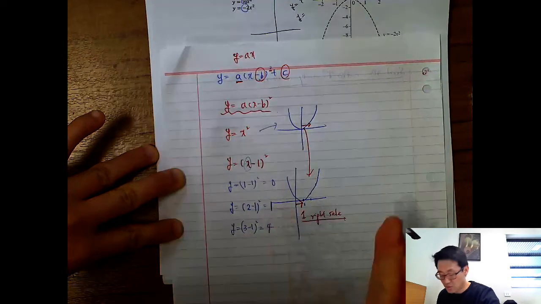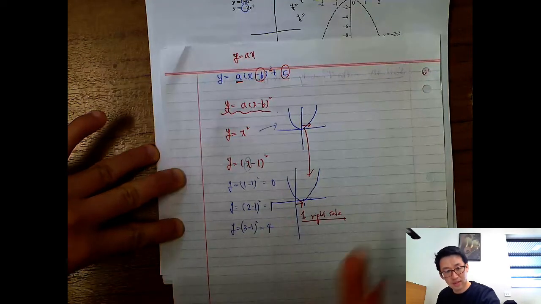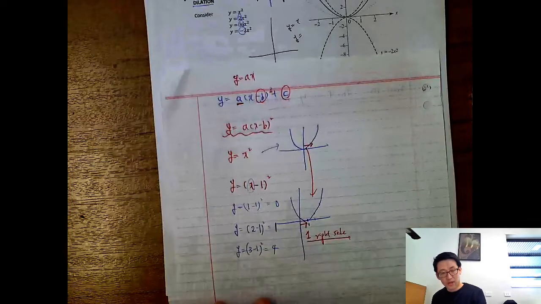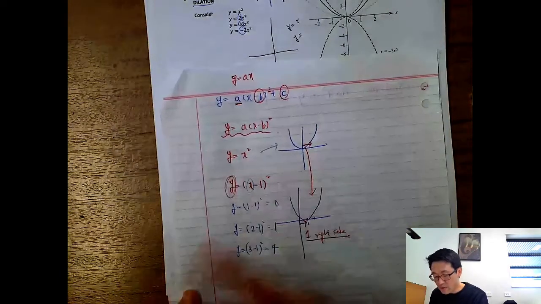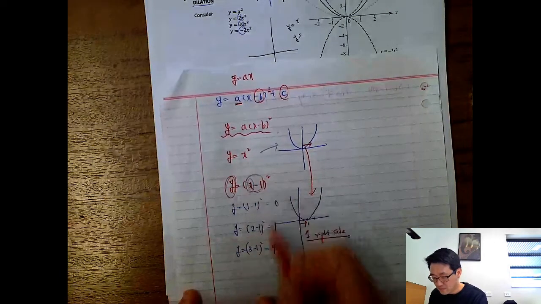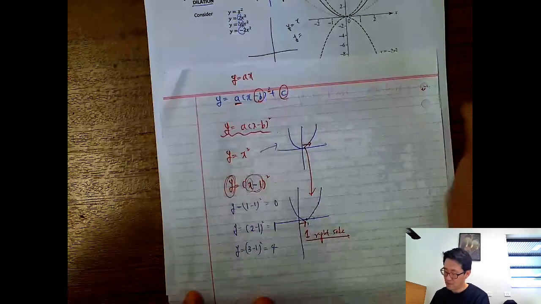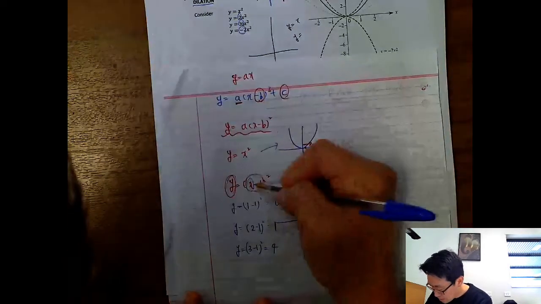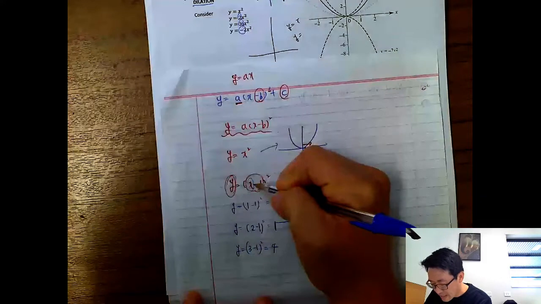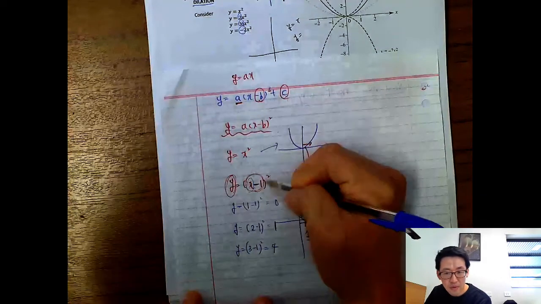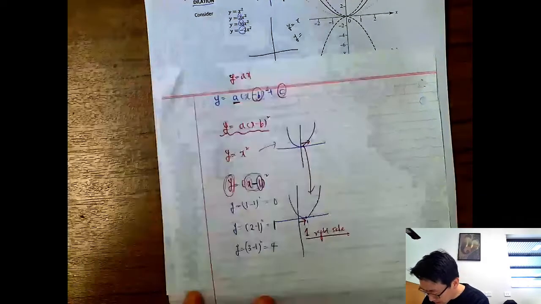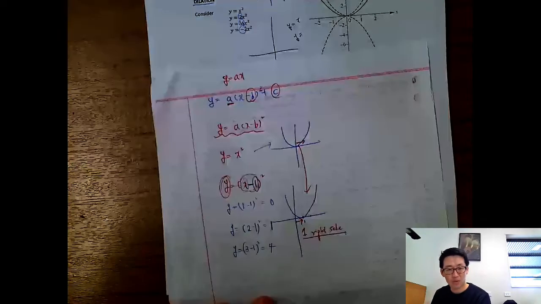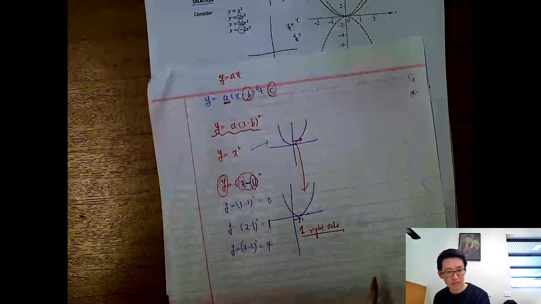Can you see that? Or you can think this way: the y value is the same. Probably the easiest way is you consider that it is always negative. Whatever value you have inside, that's how much you move right hand side.